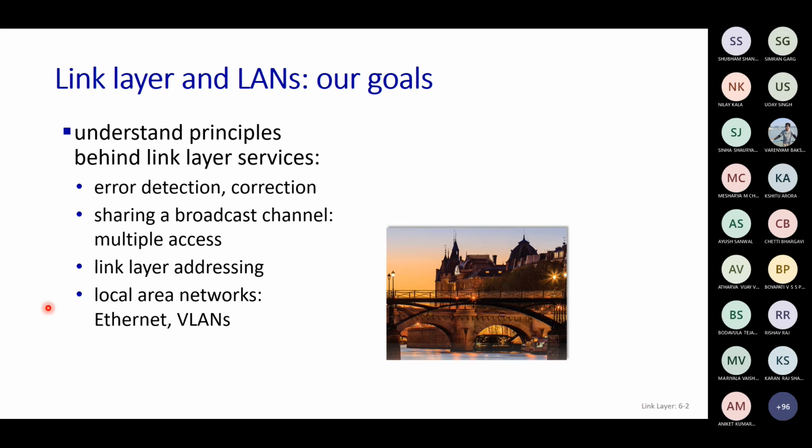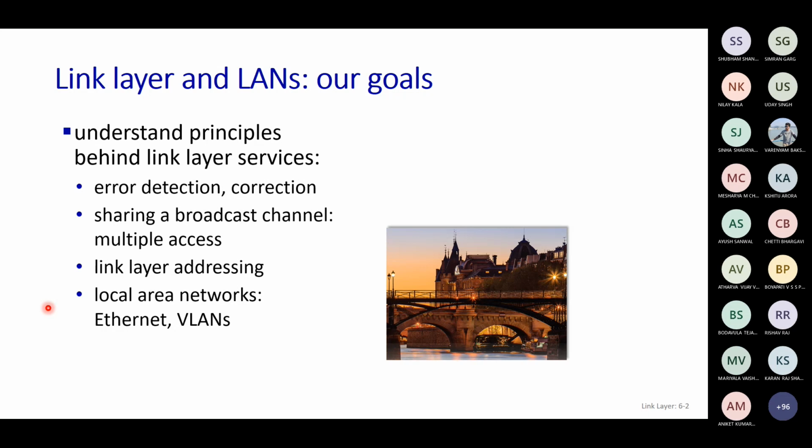That is one way of identifying the hosts among all the hosts that we have in the network, right? But what is link layer addressing and what is this different kind of addressing? Why do we need this? That's also something we are going to study in this chapter. Then we are going to study local area networks, that is your Ethernet and VLANs.